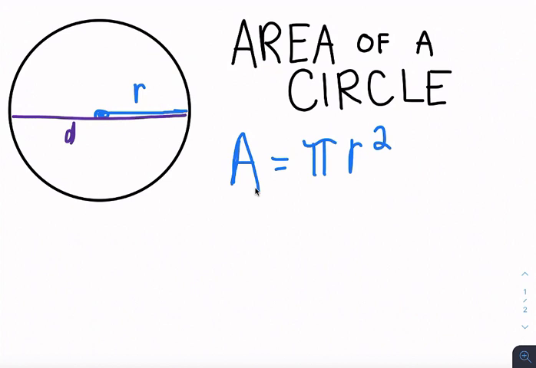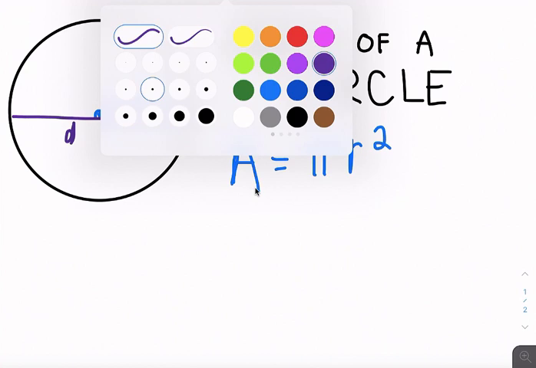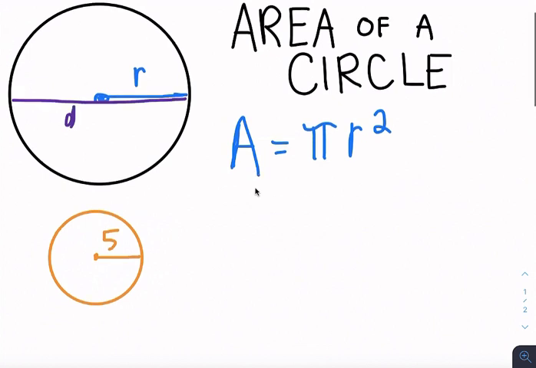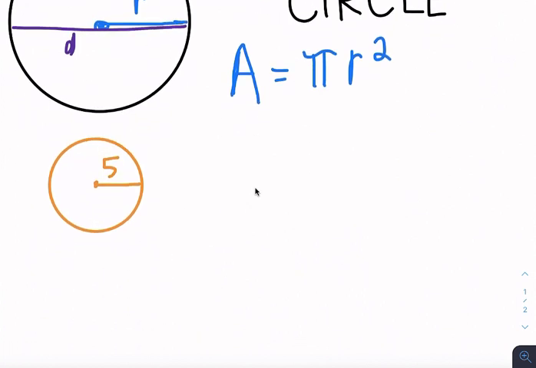So we're going to say that our circle has a radius of 5. Okay, so if we are given the radius, we are going to do area equals pi times the radius squared.